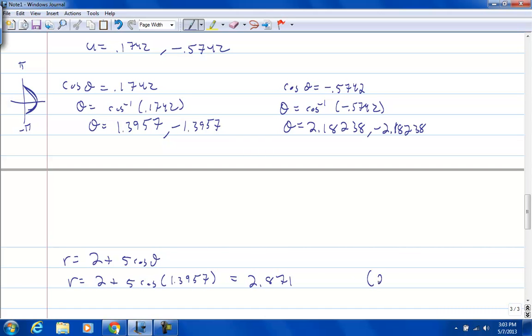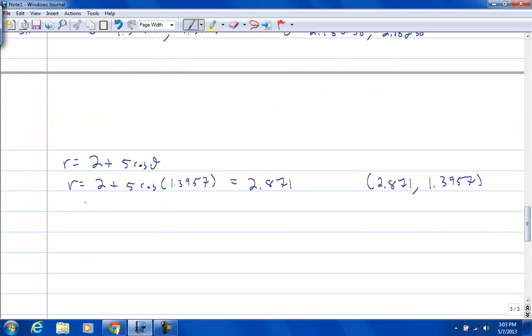So that point would be 2.871 comma 1.3957. R equals 2 plus 5 cosine of negative 1.3957, which would become, again, 2.871.